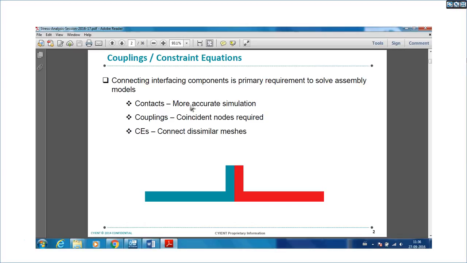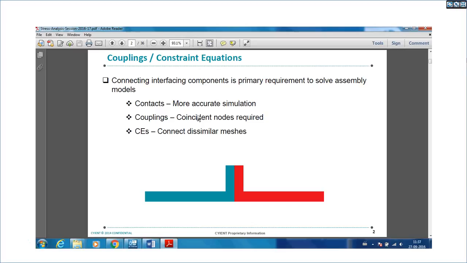In the last session we saw how contacts are used to simulate interface components. Apart from contacts, we also have some options. Contacts will bring a lot of complexity to the model. Sometimes it may not be required to simulate contacts between the interface components.